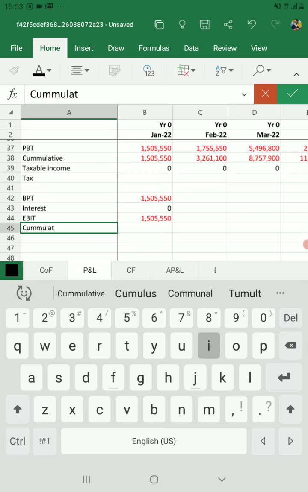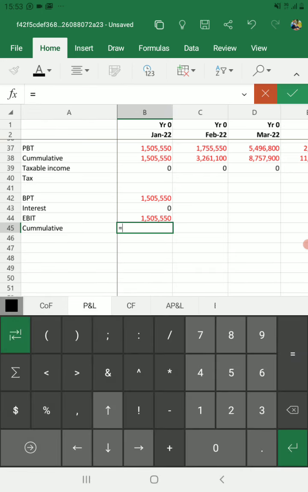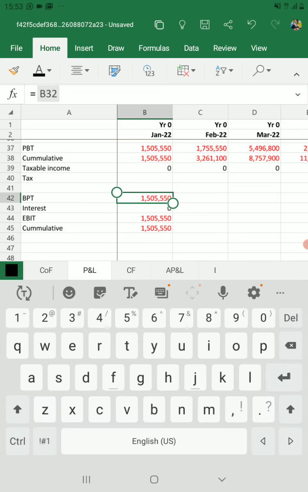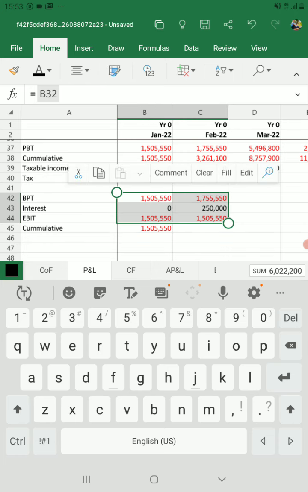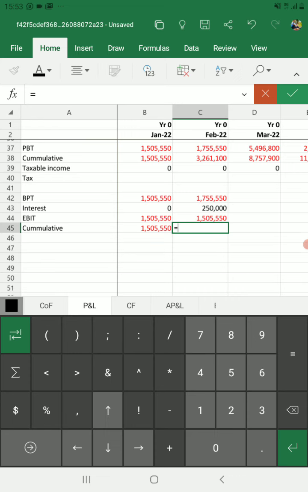In this case it's just going to be this one because we've just started, and we can copy this formula to fill to the next month, where the cumulative figure will be the previous cumulative plus current earnings before tax.